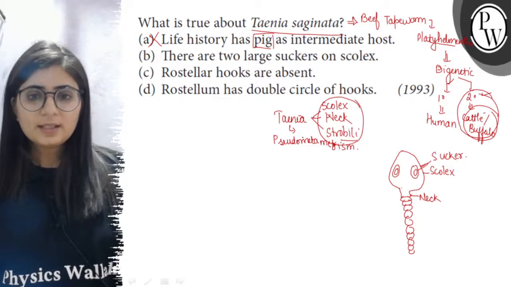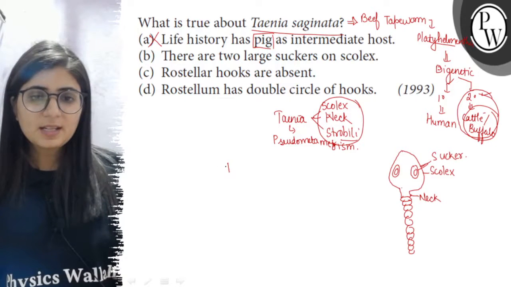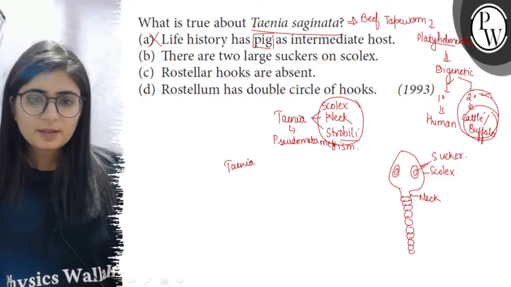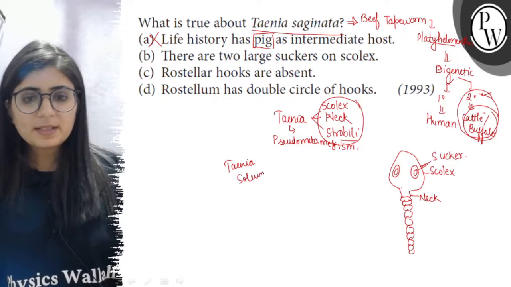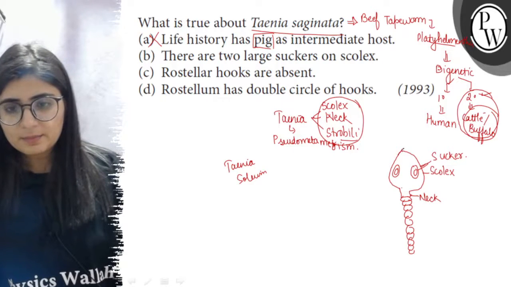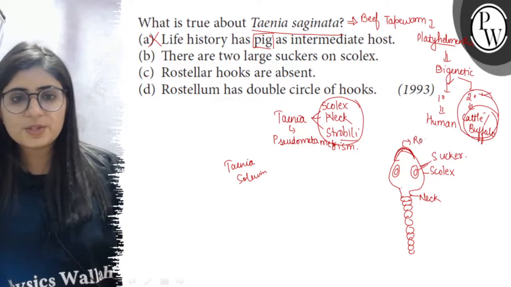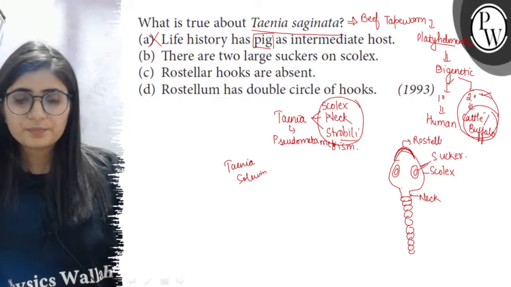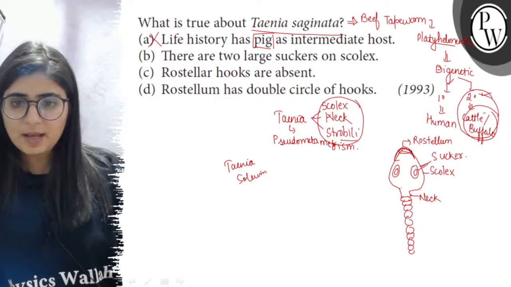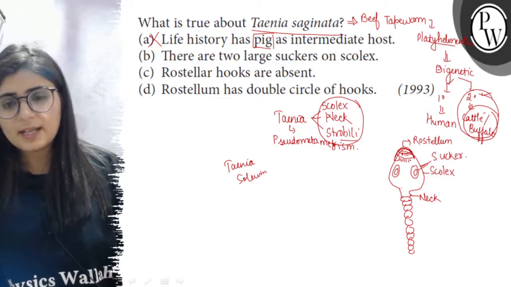Now in other species of Taenia such as Taenia solium, there is a conical structure at the scolex region, and this is called the rostellum. And this rostellum has hooks for the attachment.